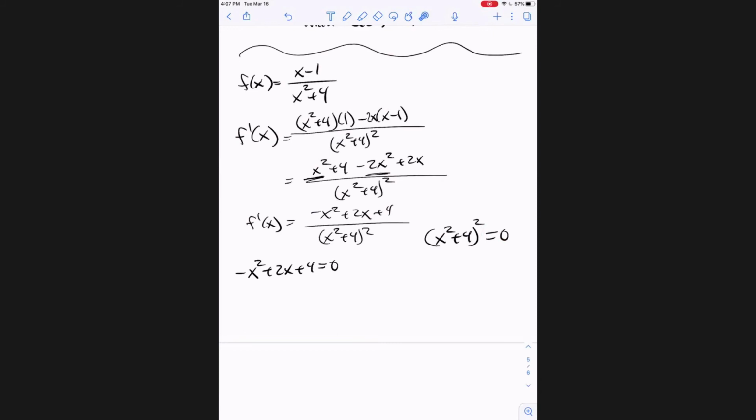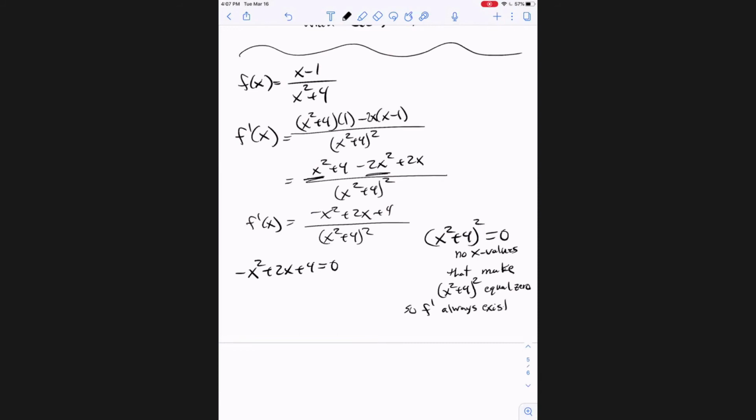No. So there are no x values that make (x squared plus 4) squared equal 0. So therefore, f prime always exists.